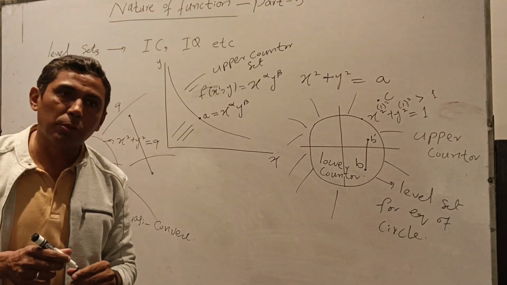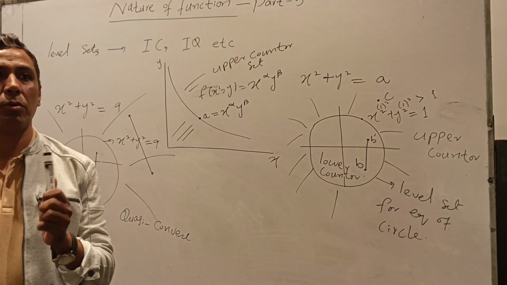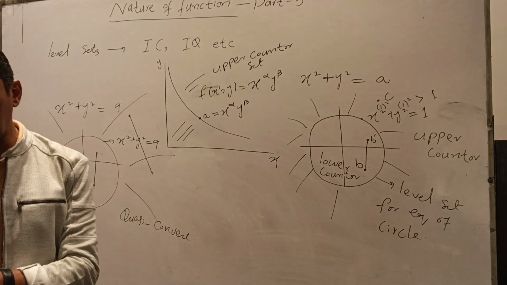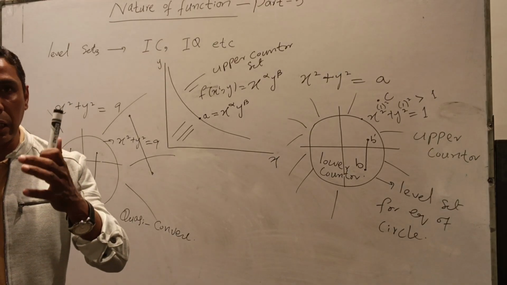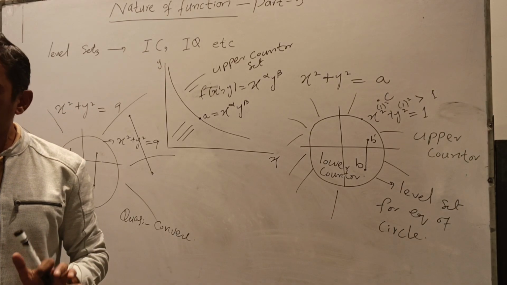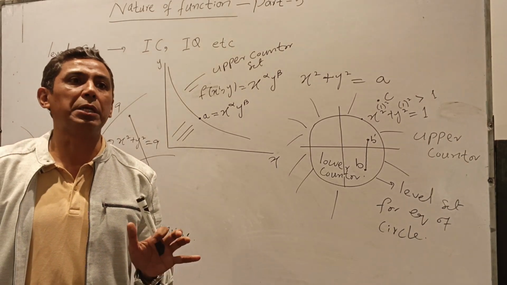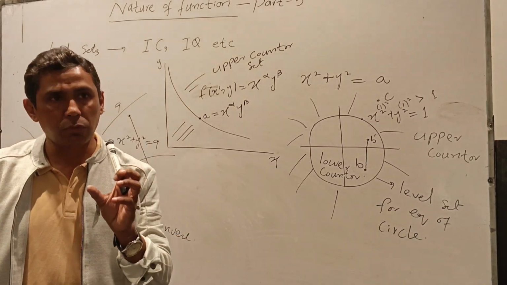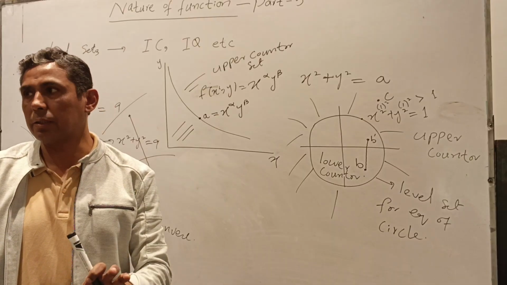Clear? Being consumer theory, optimization in case of the level sets, you have to define the IC curve. Clear?